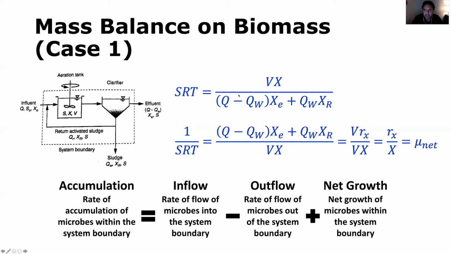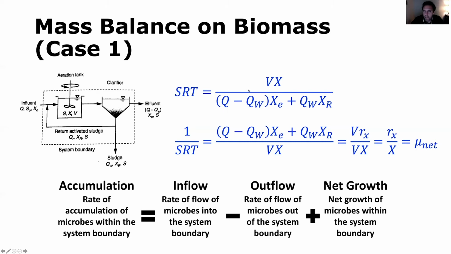That gives us a mass of volatile suspended solids per unit time, plus what's leaving in the sludge, same thing, a mass of volatile suspended solids per unit time. All right, so here we've got mass of volatile suspended solids, and in the denominator we've got mass of volatile suspended solids per time, usually days. So the mass cancels out, and what we have is days gets moved to the top. So that's the solids retention time in days.